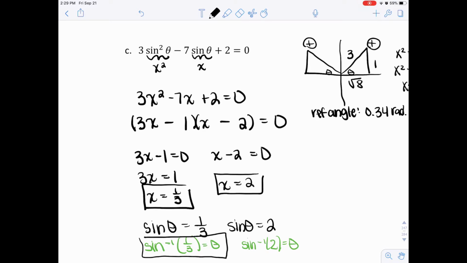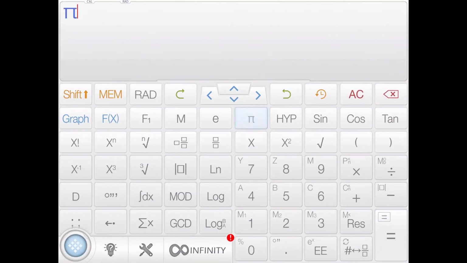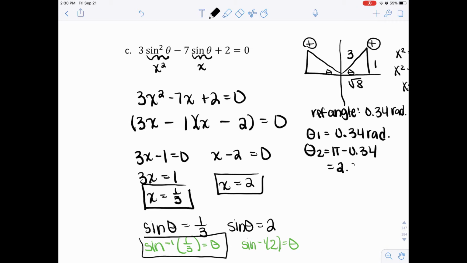The angle in quadrant 1 is the same as the reference angle, which is 0.34 radians. In quadrant 2, to find the approximate answer, I'll plug in pi minus 0.34 to get 2.80 radians. And those are our two solutions in radians on the interval of 0 to 2 pi.